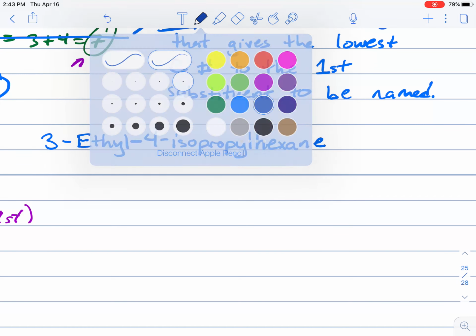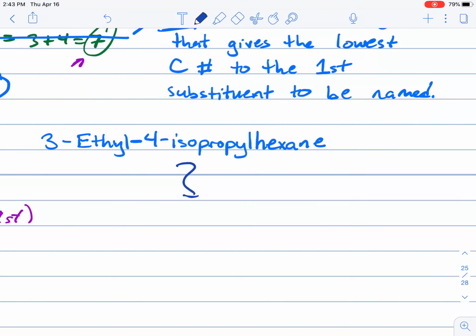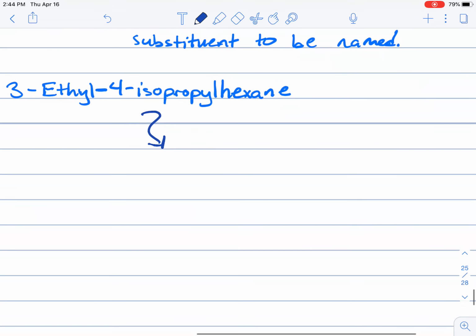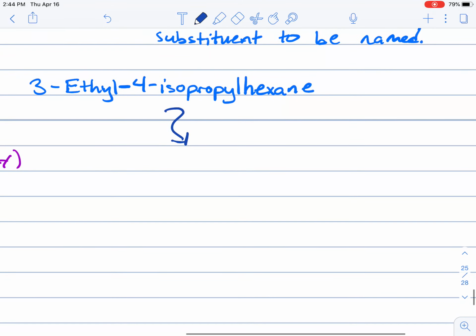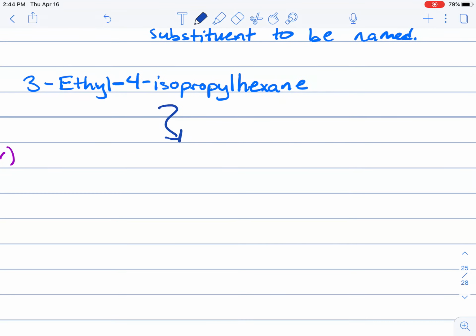Now, if you want, you can go ahead and draw what you named, just so you can get practice in translating this name to an actual skeletal structure. And so here we have 3-ethyl, 4-isopropyl hexane. Hexane is my parent, and so I have 1, 2, 3, 4, 5, 6.